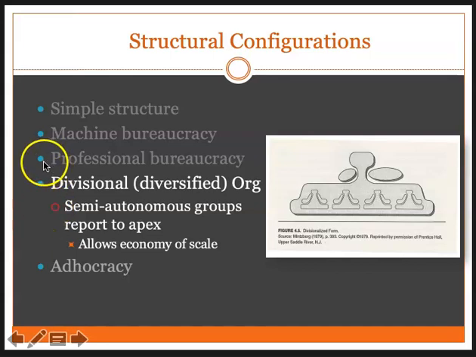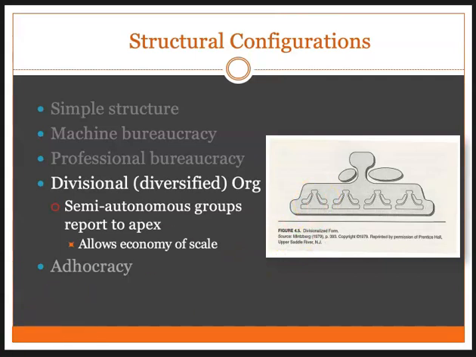If California Baptist University was more like a cross between a machine bureaucracy and a professional bureaucracy, which is exactly what I would call CBU's structure, a blending of these two, then the Cal State University system could be a divisional version of that blending, or it could even be a divisional version of a professional bureaucracy, much the same way as a Harvard.